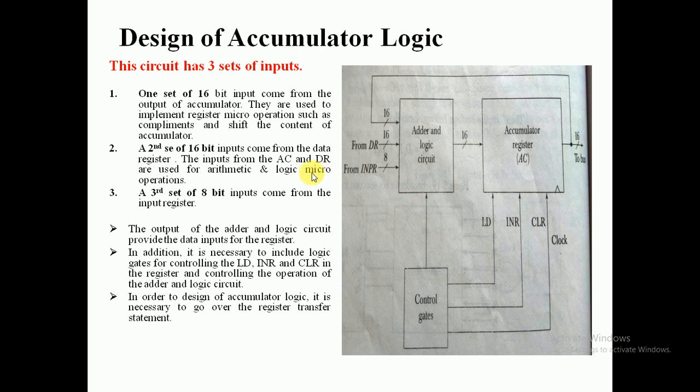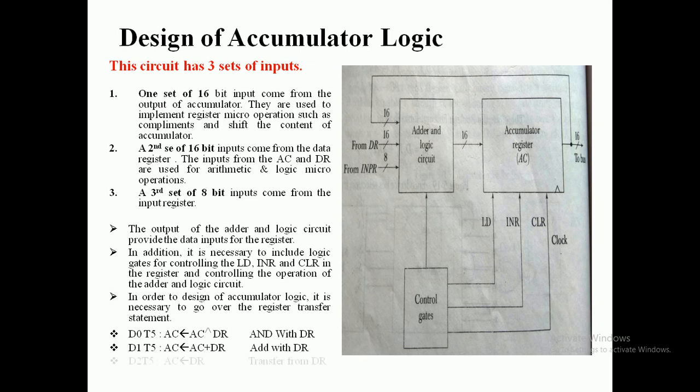In order to design the accumulator logic, it is necessary to go over the register transfer statements. We have three kinds of register transfer statements. In the first statement, it performs the AND operation between the accumulator and the content of the data register. In the second, it performs the addition operation between the accumulator and the data register.